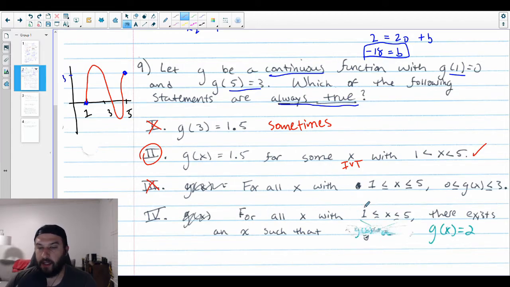Lastly, for all x in between 1 and 5, there exists an x such that g of x equals 2. That is true. The IVT says that somewhere in between, I'm going to hit the y value of 2. I can't tell you where exactly, that's not what the IVT tells us, but it does tell us that it exists somewhere at least once.